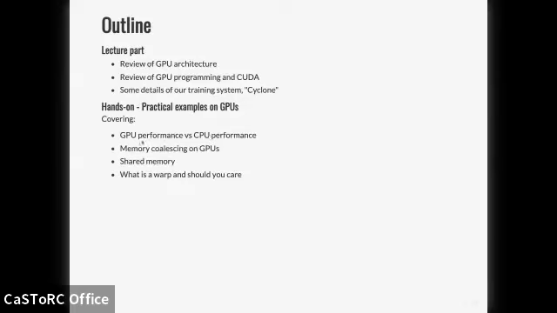And we will touch upon the subject of memory coalescing on the GPU and why you need to take care of this and have an understanding of this if you are going to program the GPU. If you don't know what this means, it will become more apparent in an example.